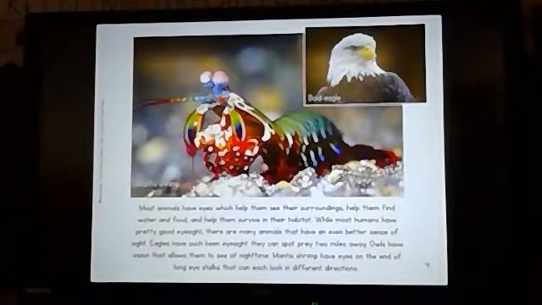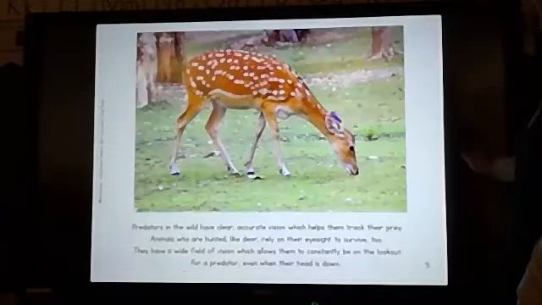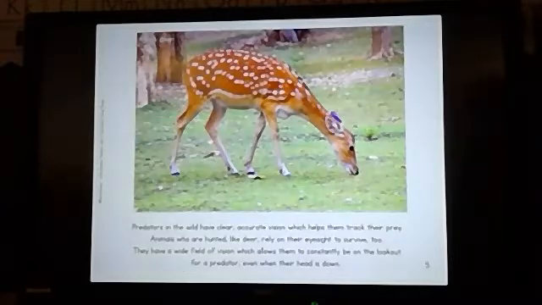Owls have vision that allows them to see at nighttime. Mantis shrimp, pictured here, have eyes on the end of long eye stalks that can each look in different directions. Wow. Never knew that. Predators in the wild have clear, accurate vision, which helps them track their prey.